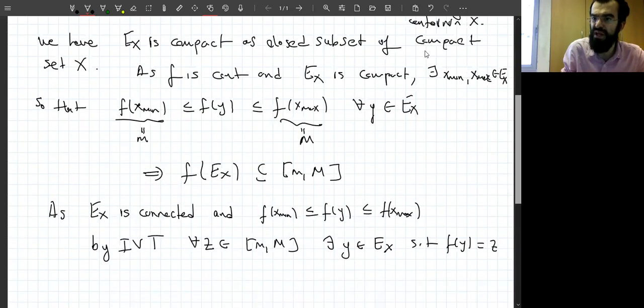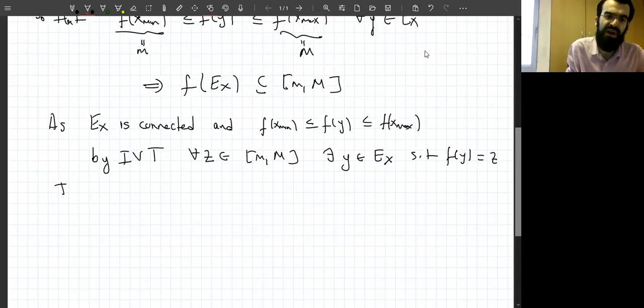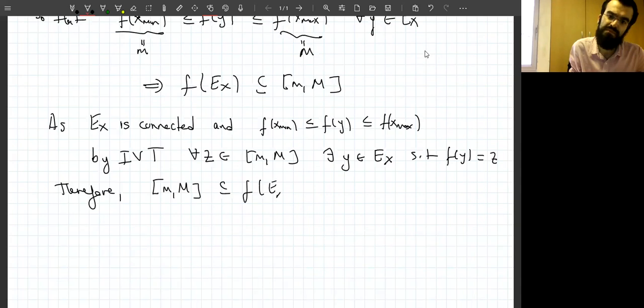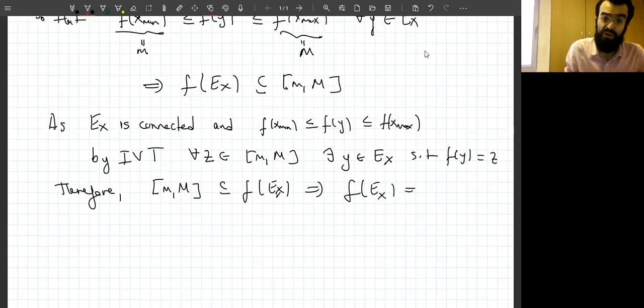Therefore, we conclude that our set equals [m, M], again a closed bounded interval.